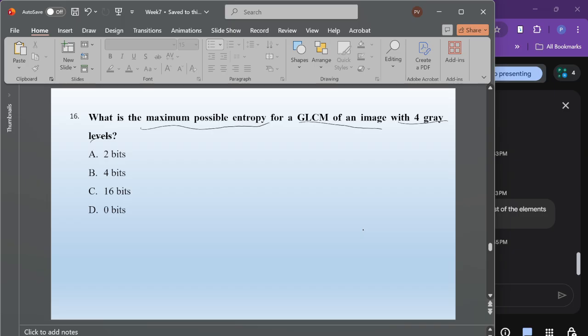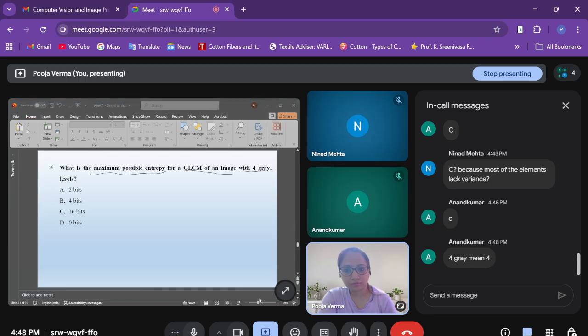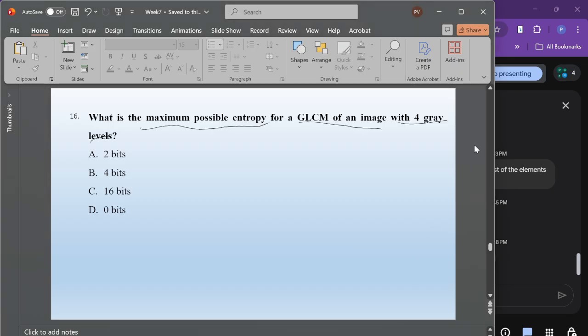So the gray level co-occurrence matrix, GLCM, represents the joint probability of pairs of pixels.